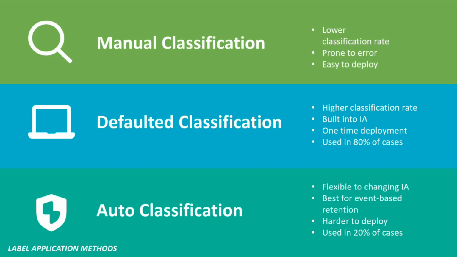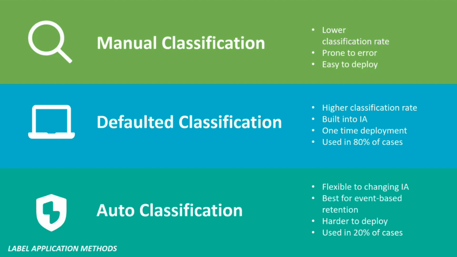And then finally, auto classification is a bit more flexible to a changing information architecture, and it's best for event-based retention. So a great example I could give is, once again, you're working on a contract and the contract has been closed, completed.